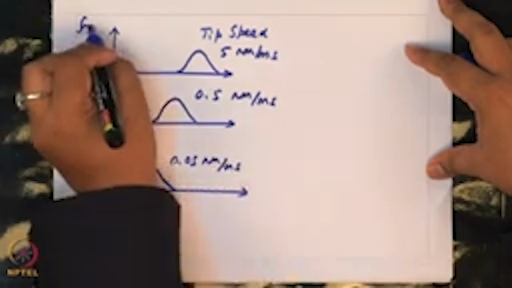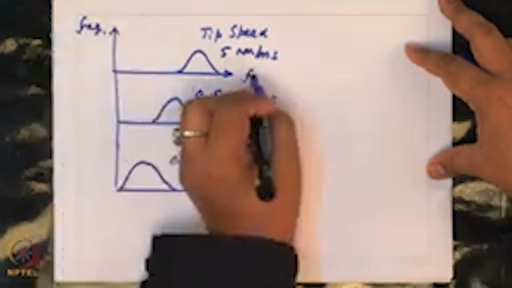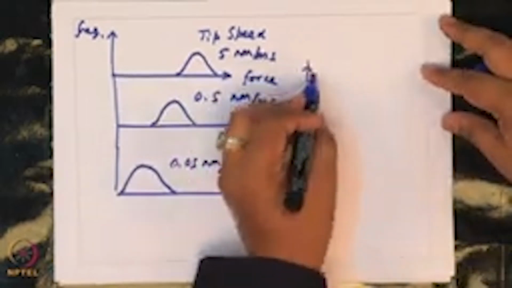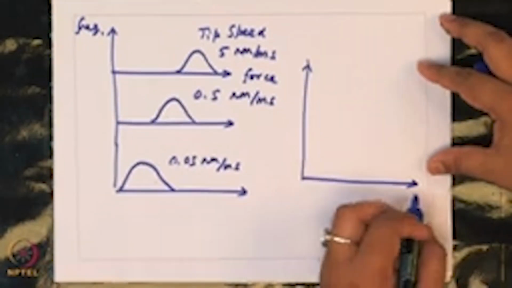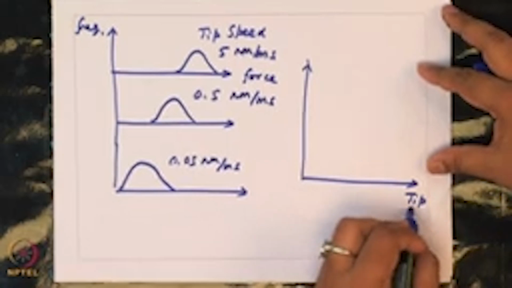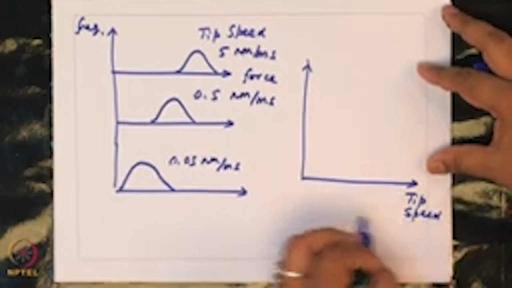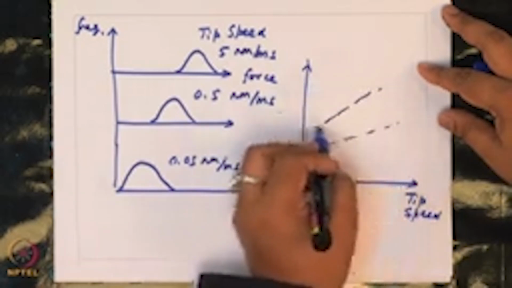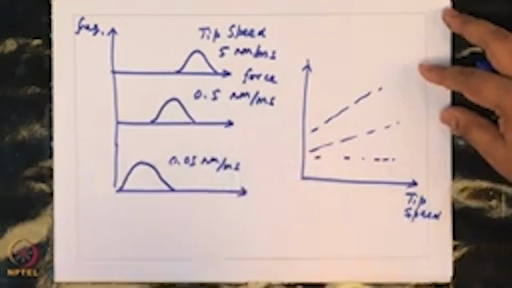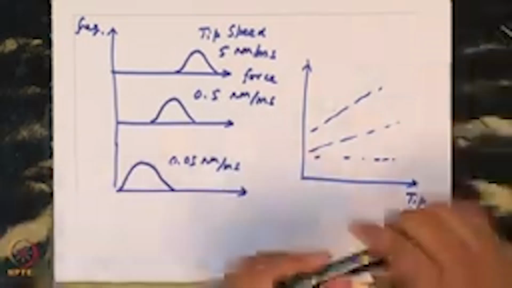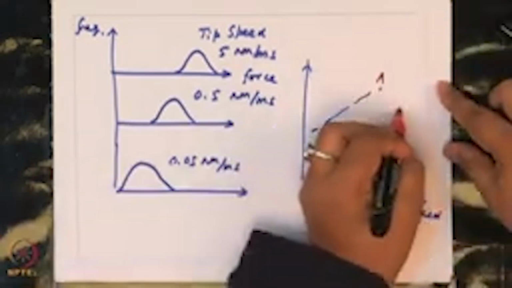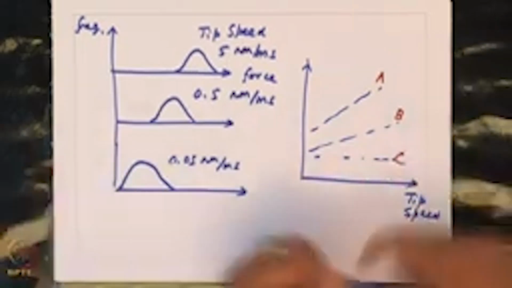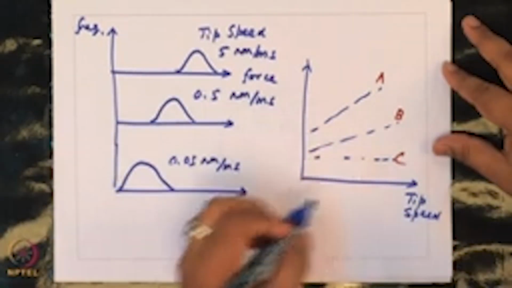This axis is frequency, this axis is force. If you plot it for multiple different domains, this is tip speed or pulling rate. I have drawn representative rate dependent forces for 3 different domains.